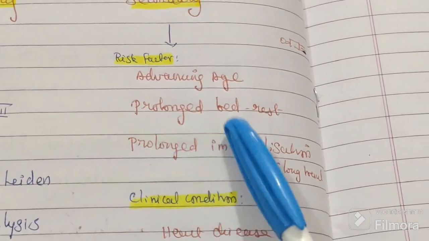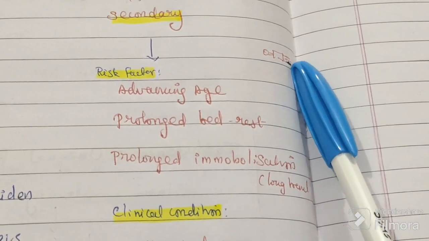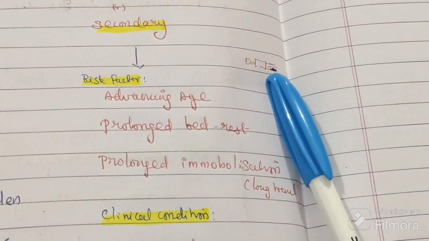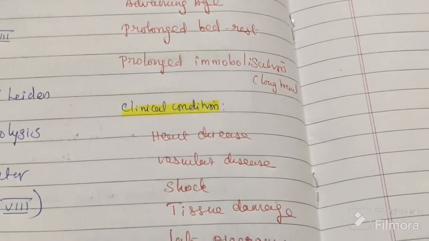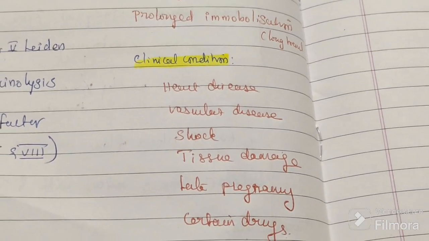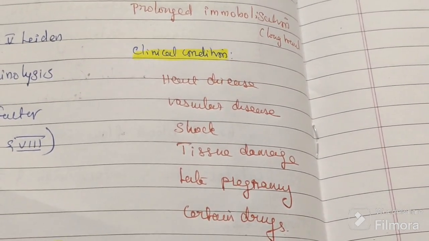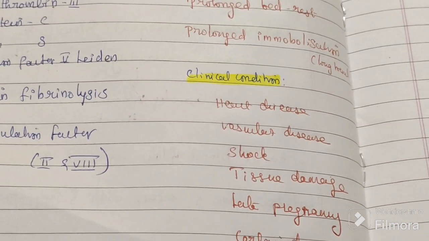Okay, then prolonged bed rest. This person with prolonged bed rest is mainly affected in the leg part. Here thrombus formation will happen. Then long travels, then clinical conditions like heart disease, vascular disease, shock, tissue damage, late pregnancy, and some kinds of drugs cause thrombosis.